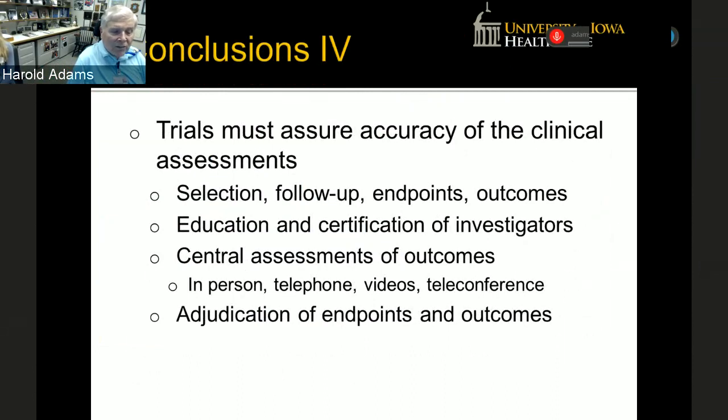Now, there are ways to get around this. You can do central assessments of outcomes with in-person interviews, via telephone, videos, or teleconferencing. And finally, for accuracy, we now have adjudicated endpoints and outcomes. This is particularly true in a trial that cannot be blinded because of the nature of the intervention.